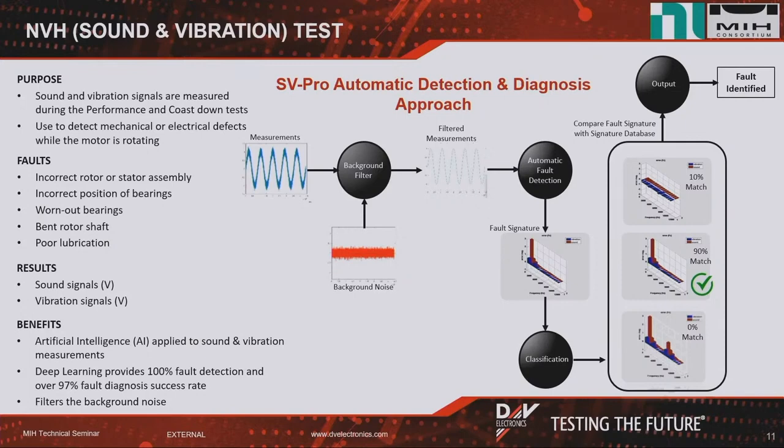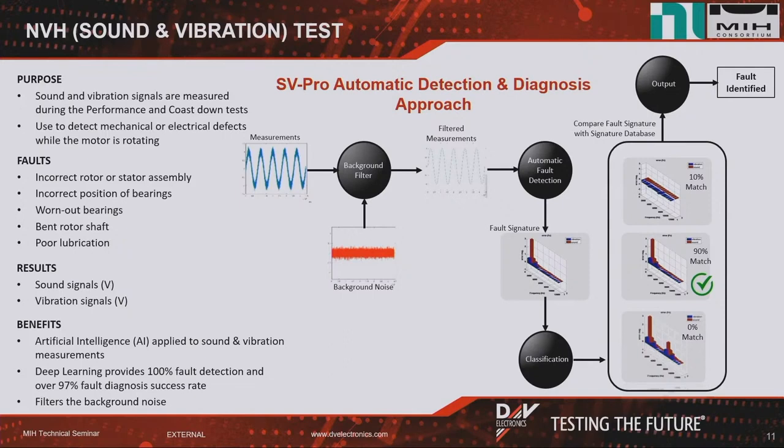Now, this requires a training of the system with a series of known good, known bad motors, such that the signatures are collected, which is then used to determine whether or not the motor under test passes or fails.